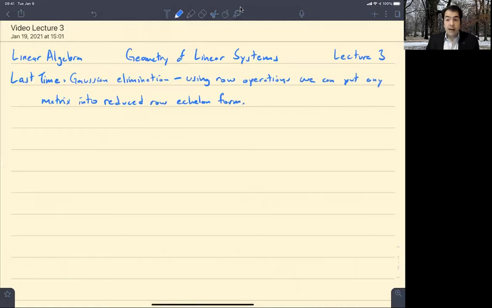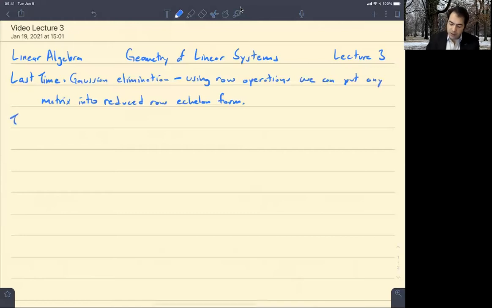And we saw how if you start with a linear system of equations, you form their augmented matrix, you put it into reduced row echelon form, and this tells you whether or not the system has solutions, if it has a unique solution, if it has multiple solutions. And since you can always solve for the pivot variables in terms of the free variables, it gives you all of the solutions to the system when it has any.